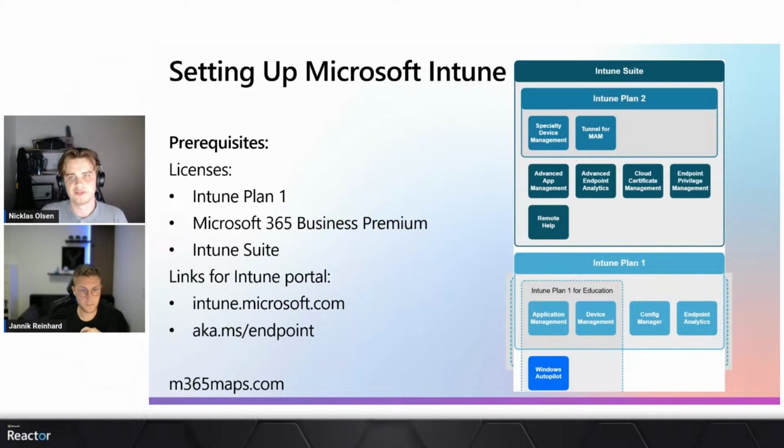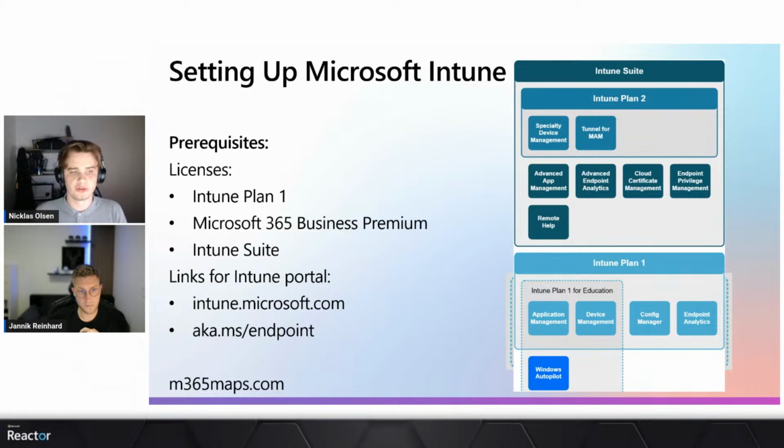And apart from that, as Yannick mentioned, the Intune Suite is also available. So if you would like to get all the features in Intune, you can buy the Intune Suite. And if you have some third-party products, such as maybe patch management, you can get that with the Enterprise App Management, which is included in the Intune Suite.